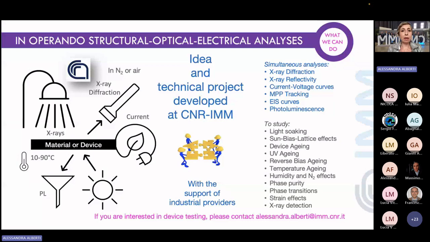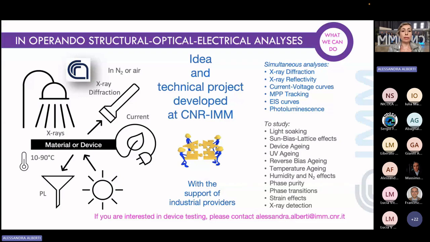At the same time, you can shine X-rays or sun on top, or you can select a wavelength to shine on top of the device. And at the same time, you can do X-ray diffraction for analysis and photoluminescence as well for analytical purposes.